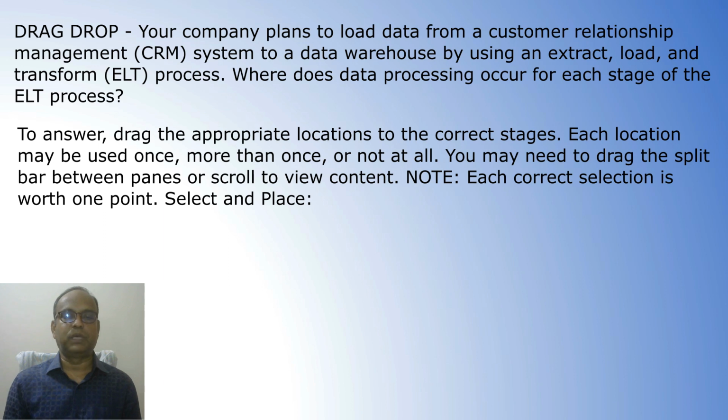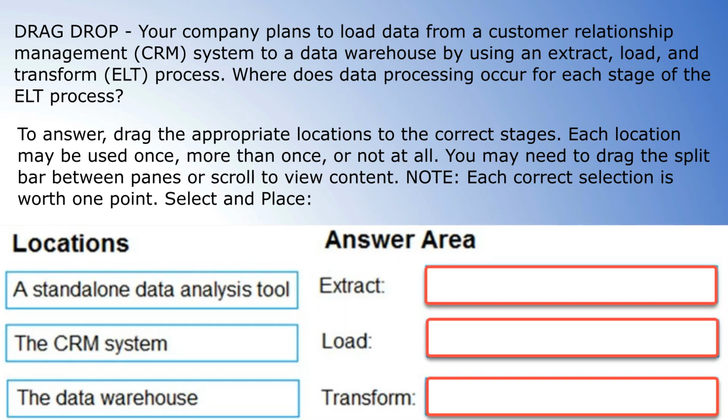Each location may be used once, more than once, or not at all. You may need to drag the split bar between panes or scroll to view content. Note: each correct selection is worth 1 point. Locations: a standalone data analysis tool, the CRM system, the data warehouse.